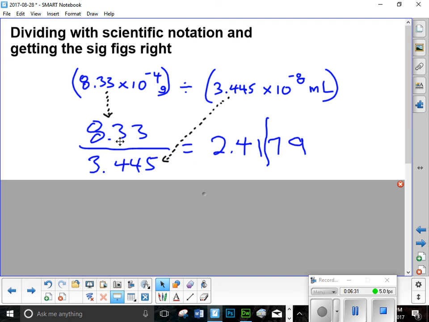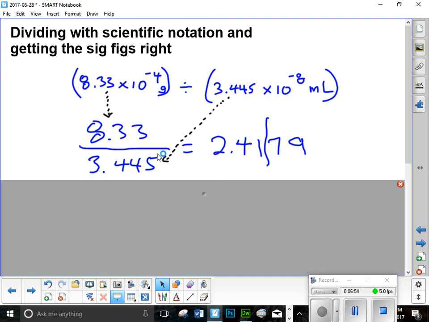So we've got 8.33 divided by 3.445. Class, how many sig figs in the smallest number? 3. Okay, the 8.33. So we've got 2.4179 is what we see in our calculator.